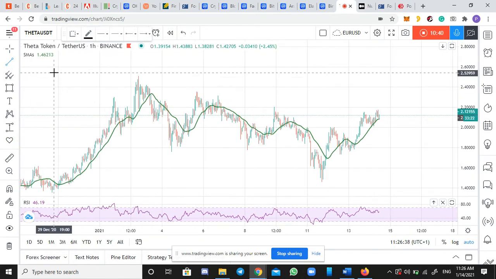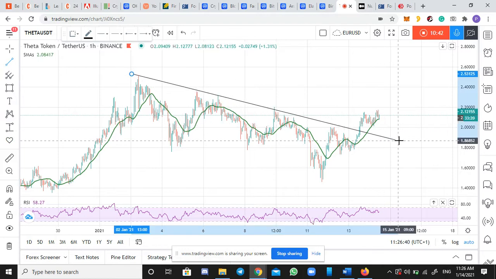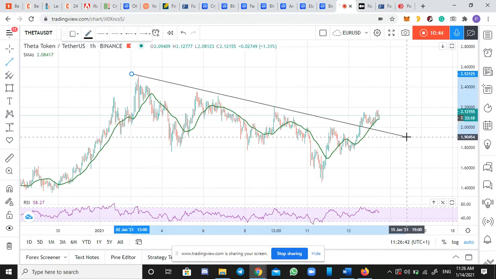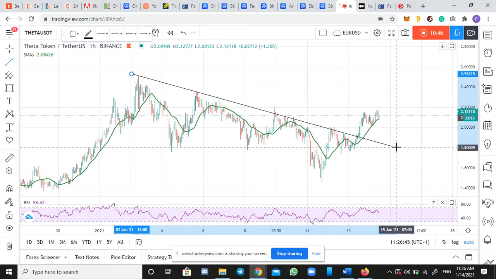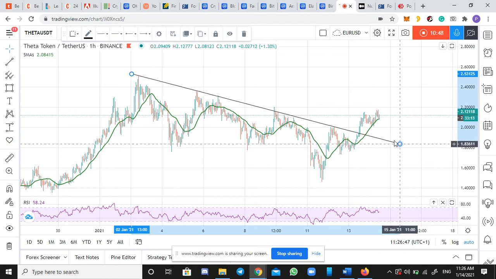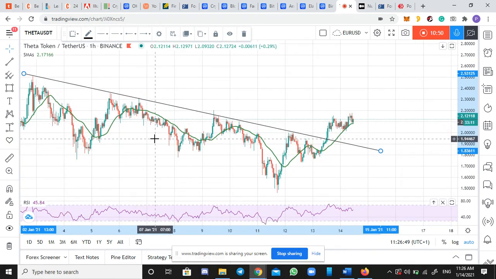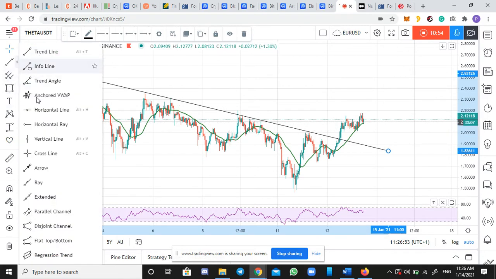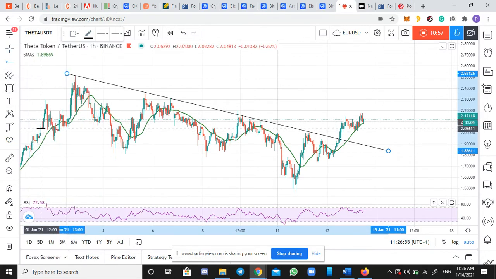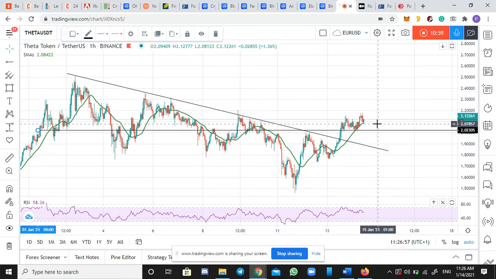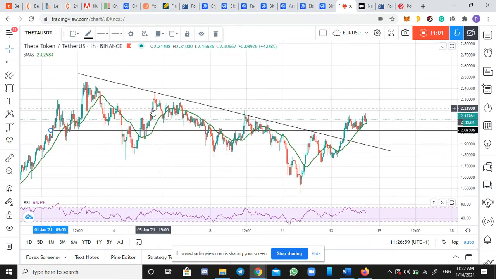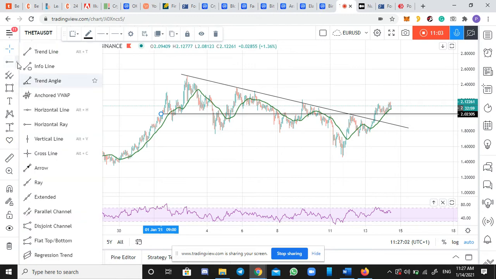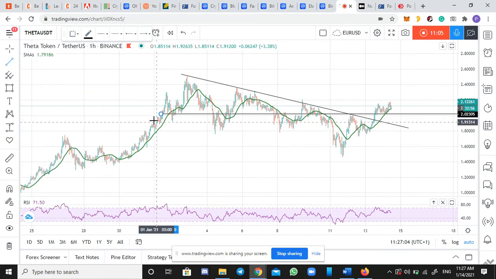I'm still using my trend lines. Let's see. Okay, this is looking good, and I think I can find something here too. So I think this is good.